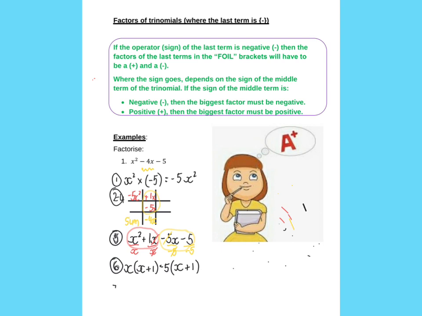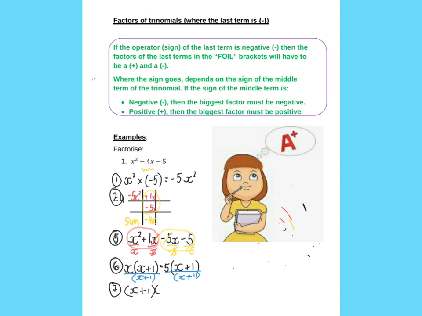And lastly, we have now created identical brackets. So we divide by those identical brackets as a common factor. Our common factor is the set of brackets x plus 1.